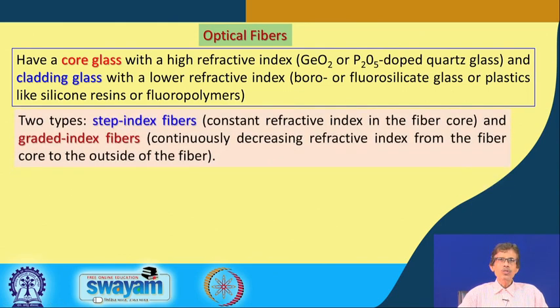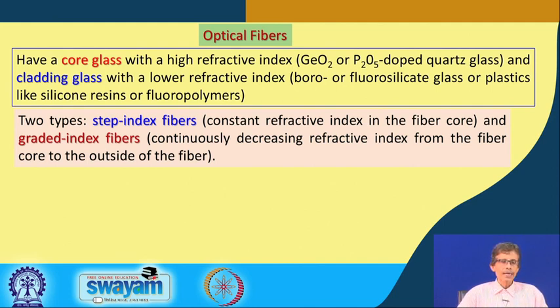So, we can have two types basically. One is the step index fiber, and another is the graded index fiber. In the step index fiber, you change the refractive index in a stepwise manner, so there is a constant refractive index in the fiber core. You cannot change that refractive index.